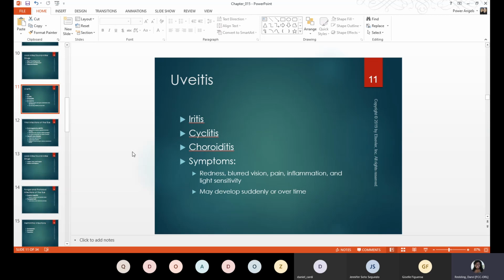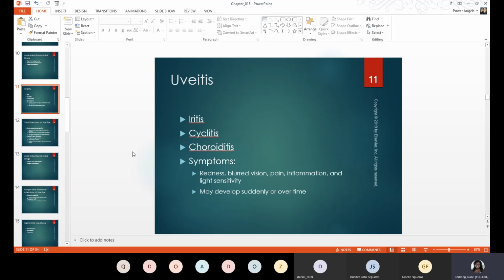That would include redness. A person may have some blurred vision. They can have some pain, some inflammation, and also some light sensitivity. And this type of symptom might develop suddenly or it could develop over time.